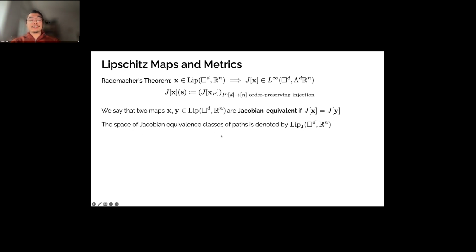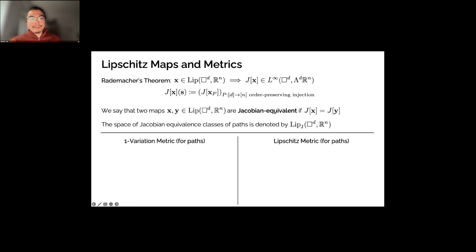We will denote the space of Jacobian equivalence classes by Lipj. Here we can also return to the case of d equals 1 for a second. In this case, Jacobian minors just correspond to the component-wise derivatives of the path. So Jacobian equivalence is the same as translation equivalence, which is why we also denoted these translation equivalence classes of paths by Lipj earlier on. We can also define certain metrics by analogy with some metrics for paths.